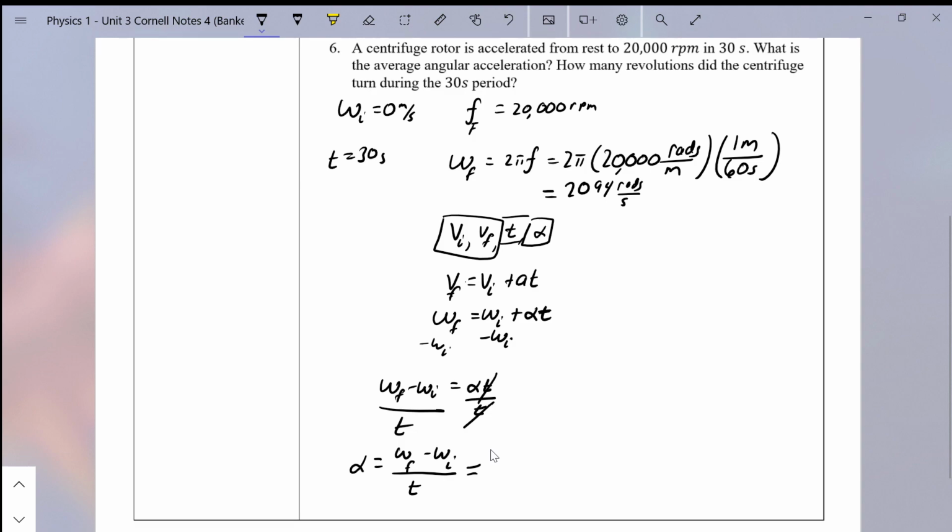Anyway, so omega final is 2094 radians per second minus 0 divided by time, which is 30 seconds. And what I get is 2094 divided by 30 in units of radians per second squared.